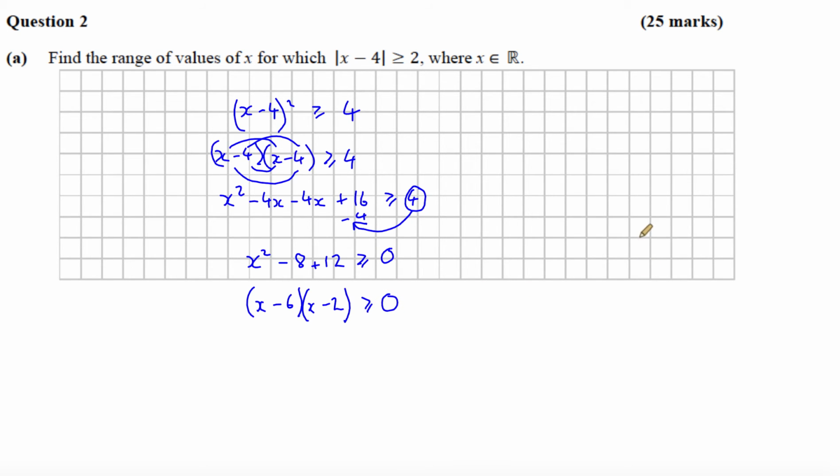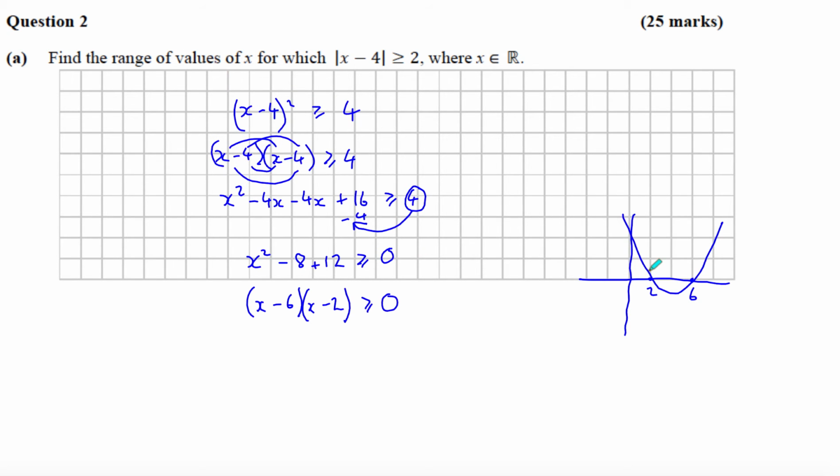So if we imagine the xy axis, this function would cross the x-axis at 6 and 2. And because the coefficient of x squared is 1, which is positive, it would be a cup parabola rather than a cap, so it would be going down like this and up.